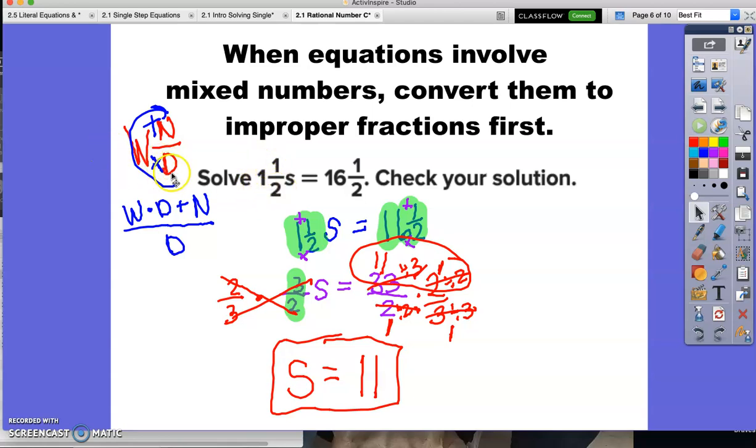So you're going to multiply your denominator times the whole number and add the numerator. Again, 2 times 1 is 2. Add the 1 is 3. So this is 3 over 2. 16 and 1/2. So 2 times 16 is 32. Add the 1 is 33. 33 over 2.